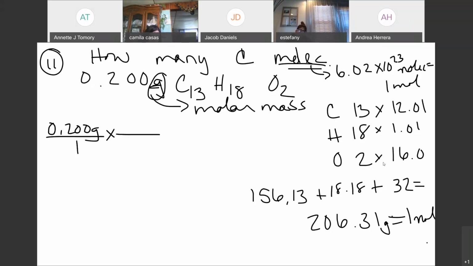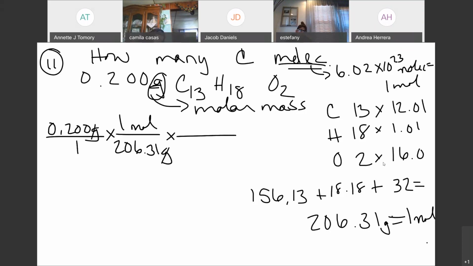We have grams on top. 206.31 grams goes on the bottom. 1 mole goes on top. The grams cancel. I have moles on top now. Is that what I'm looking for? No, molecules. I'm looking for molecules.